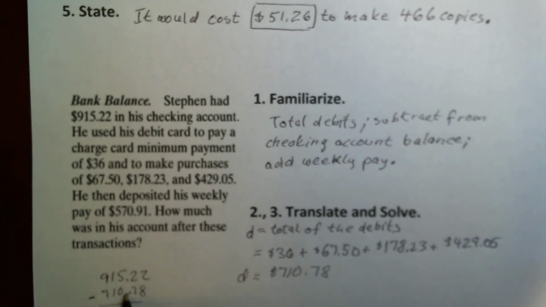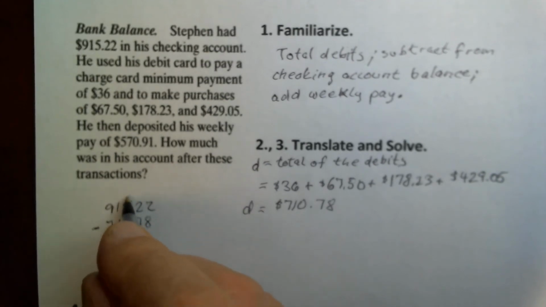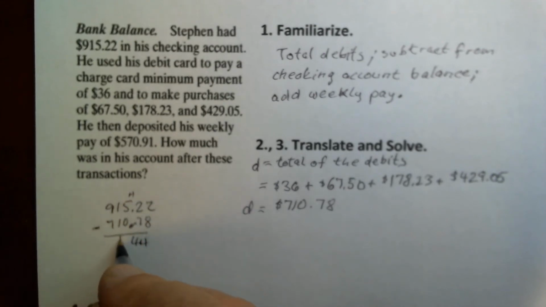It's a minus. So that's equal to 4, 11 minus 7 is 4, 1 here, and there would be another, so it becomes a 4, and 1, 0, and 9 minus 7 is 2, so that's $204.44.